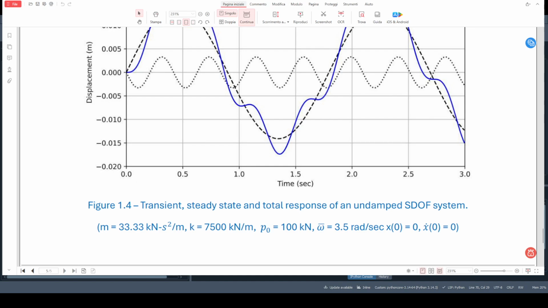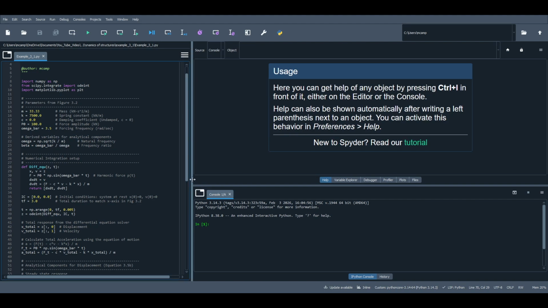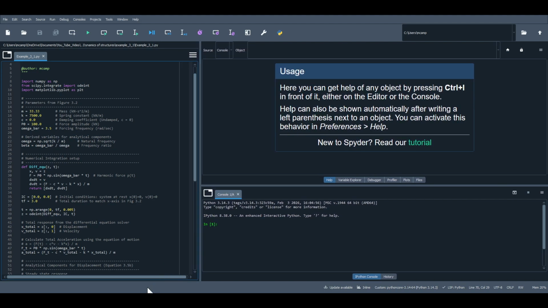Now we can implement this equation with the Python code.